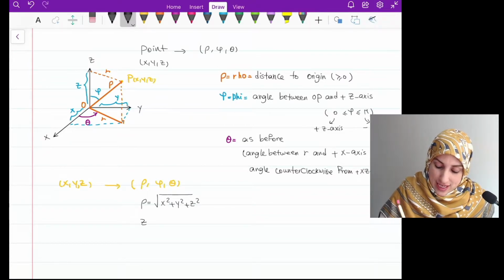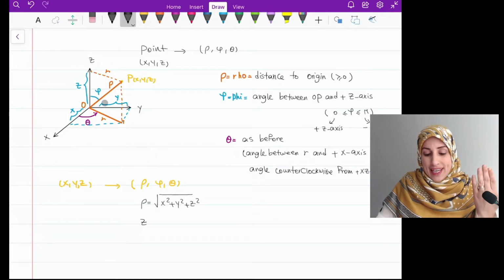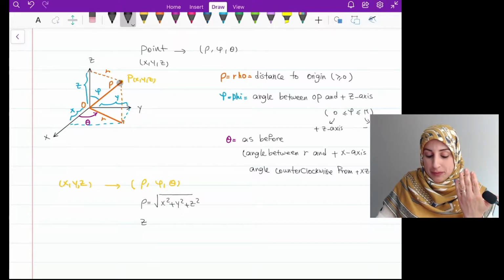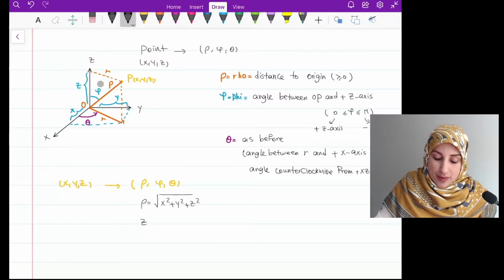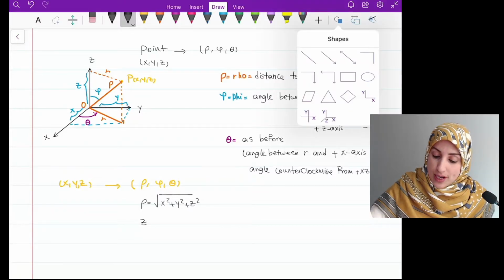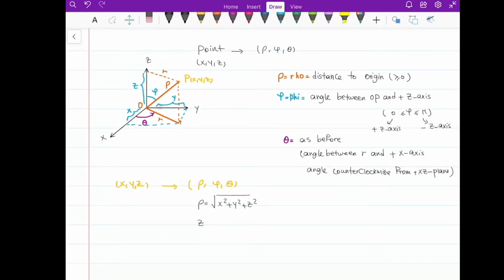Then to find phi and theta, I can consider the plane that is passing through the point P and the z-axis. So I'm gonna graph this plane in here, on a separate graph. It would look like this.